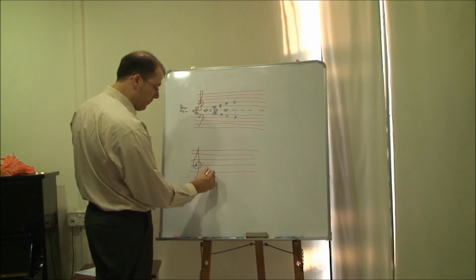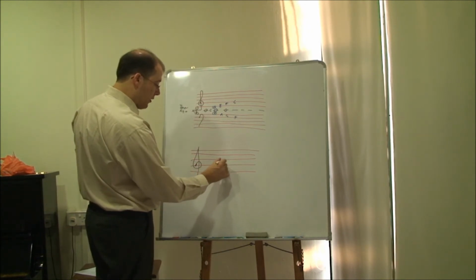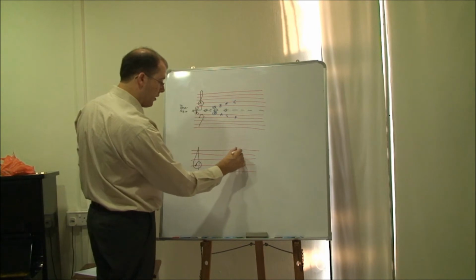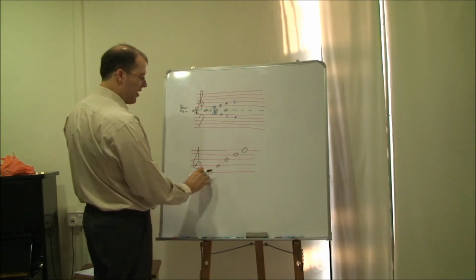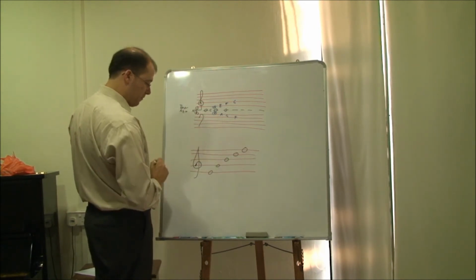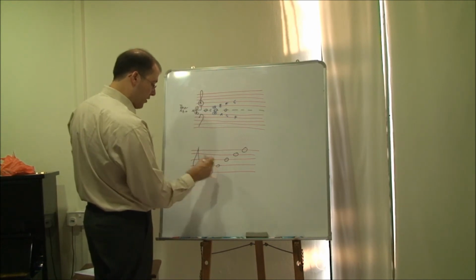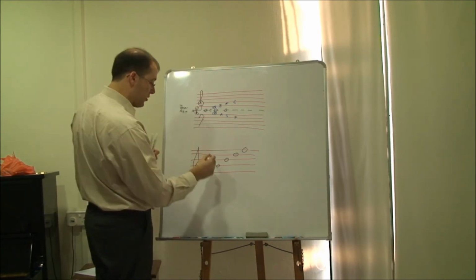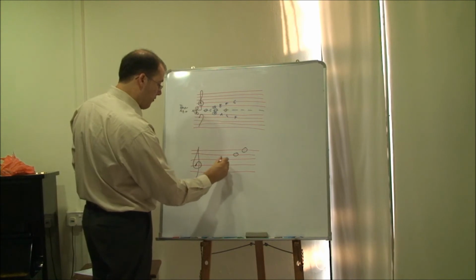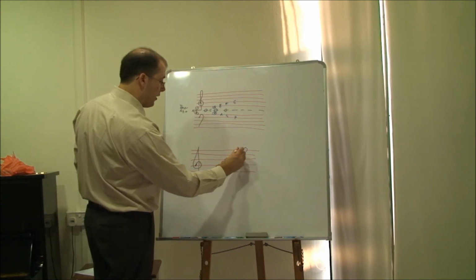So this will be an E, G, B, D, F. You can say every good boy deserves fudge. Or another favorite is to do, for the spaces, F, A, C, E, which spells face.